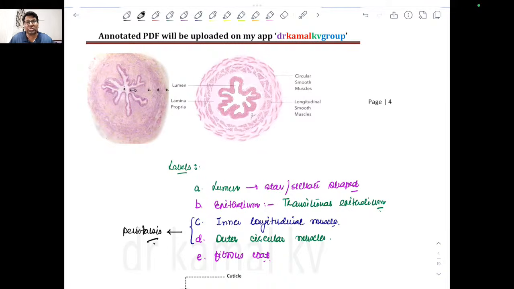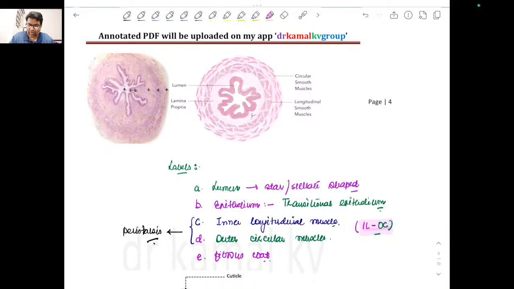The urine has to be pushed forward, so this is for peristalsis. So here inner longitudinal and outer circular. So this is very important to understand here, inner longitudinal and outer circular. Please remember this, inner longitudinal, outer circular.